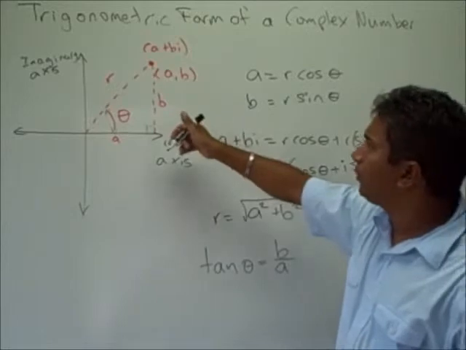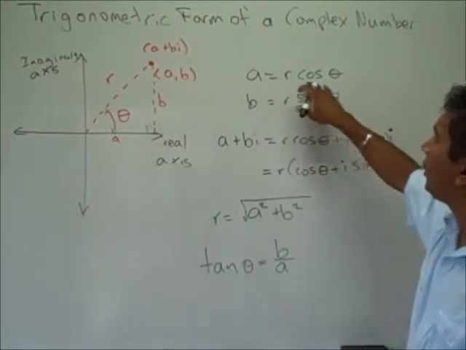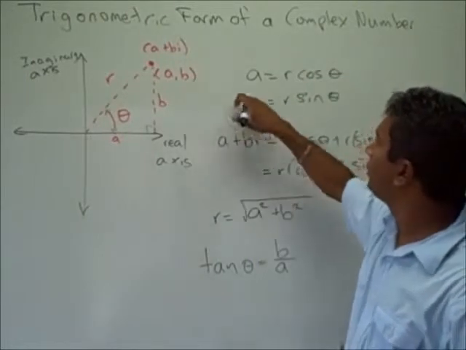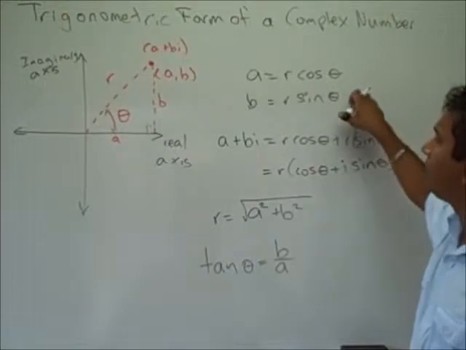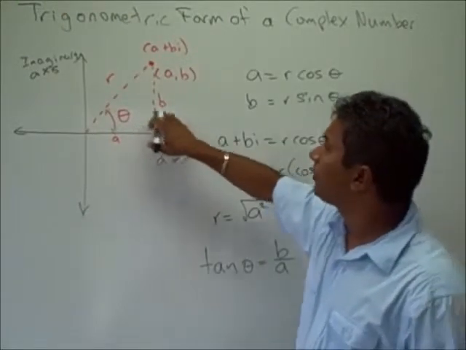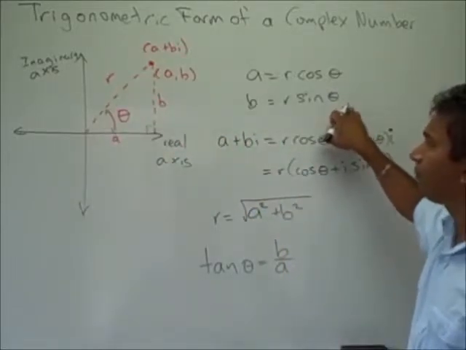From this triangle we can see that, from our cosine rule, a is equal to r cosine theta, since cosine of theta is equal to a over r. We know that sine of theta is equal to b over r, so b will be equal to r times sine theta.